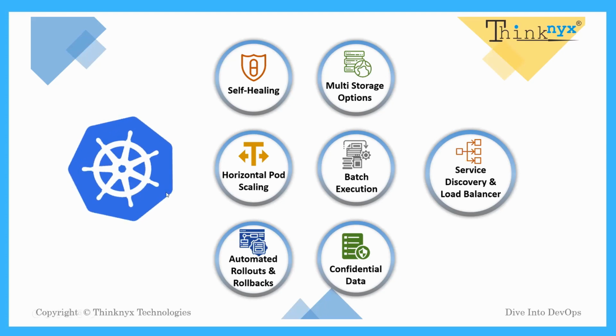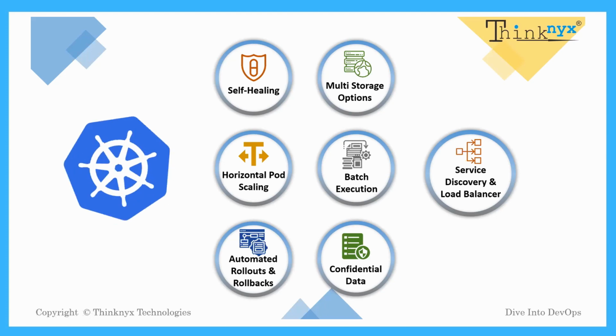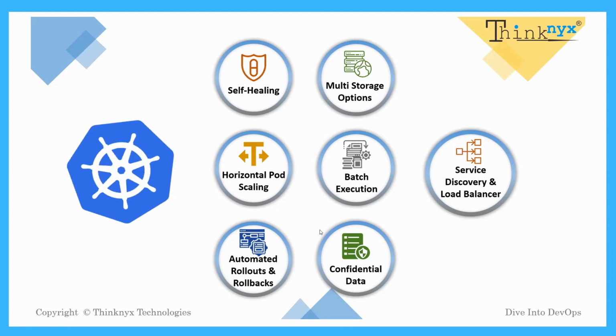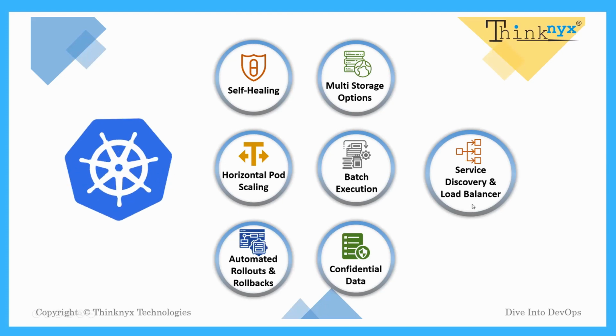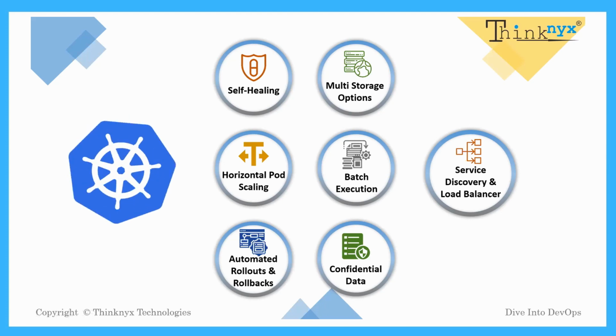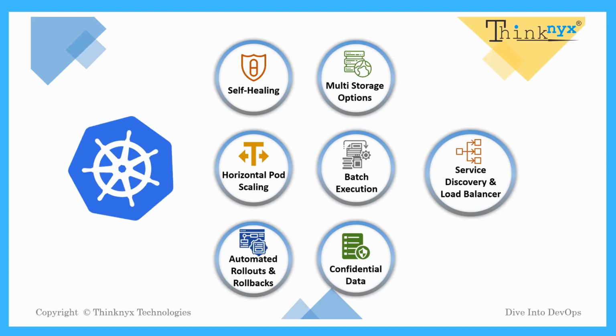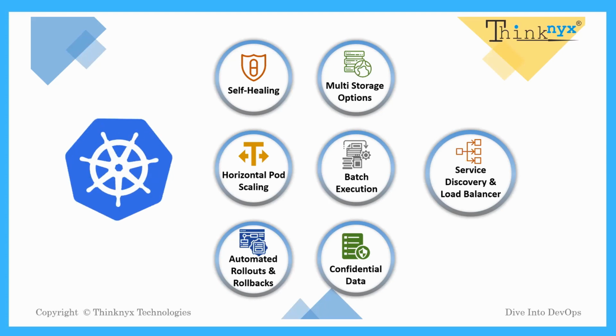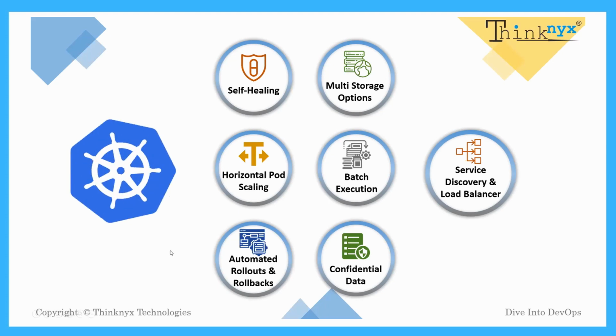Kubernetes comes up with an out of the box solution called services. Services actually provide the load balancing capabilities also, so you don't have to set up anything at all. So L4 level, network level load balancing will be provided by Kubernetes out of the box.